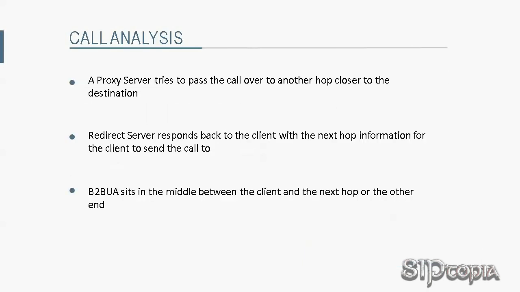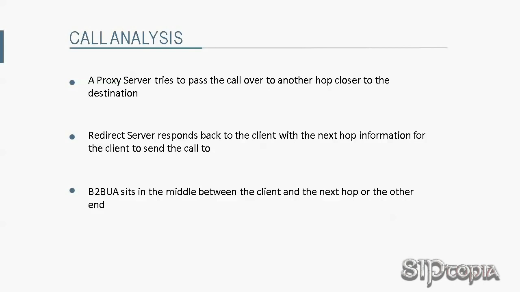A proxy server simply tries to pass the call over to another hop closer to the destination. A redirect server responds back to the client, in this case Tarzan's SIP phone, with the next hop information for the client to send the call to, instead of doing it for the client, unlike a proxy server.